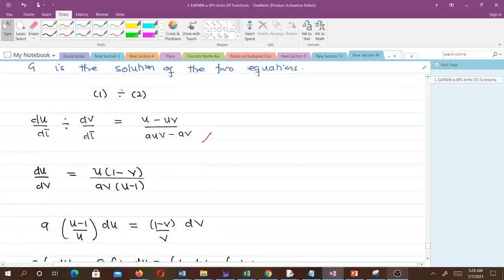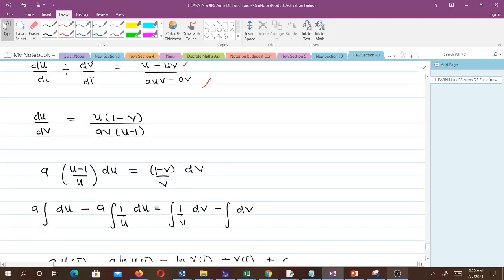When we simplify further and factorize u out here and v out here, we get u multiplying 1 minus v, and v multiplying u minus 1. I hope you see the reason we don't have any further detail here: they cancel out. We can separate these variables using separation of variables.